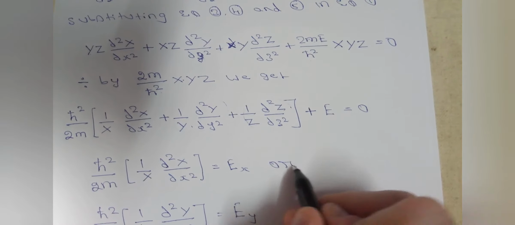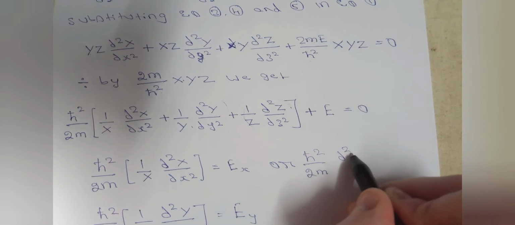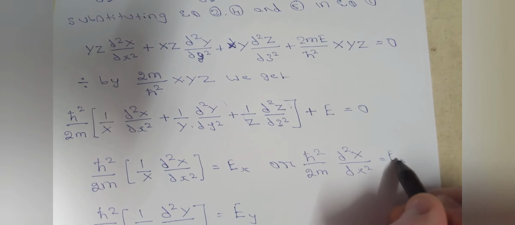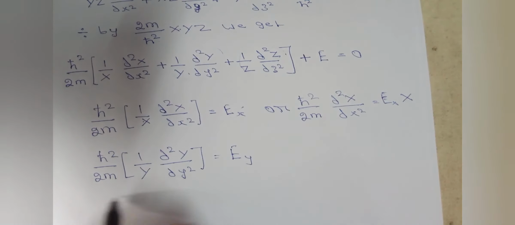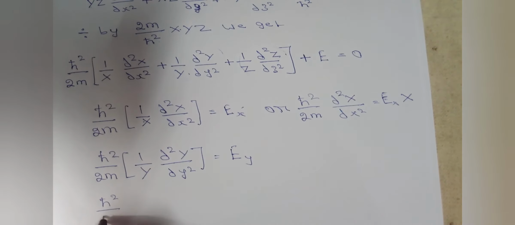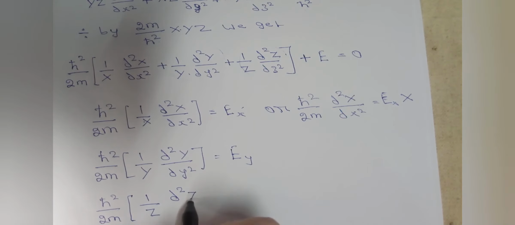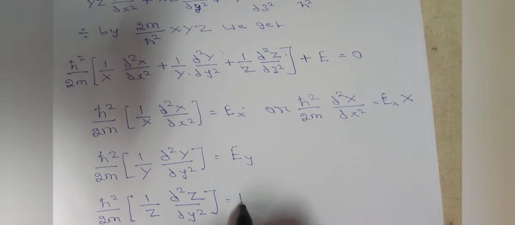Or I can also write this as ħ²/2m ∂²X/∂x² = Ex X. Okay, this X I have taken here. So similarly Ey, similarly ħ²/2m (1/Z) ∂²Z/∂z² = Ez.